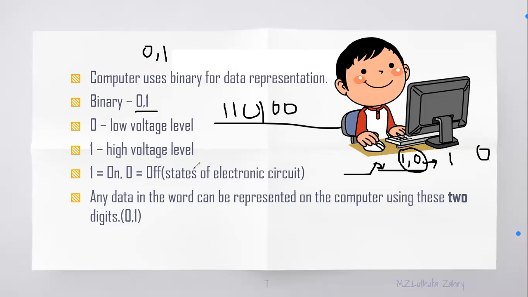Don't worry too much about high voltage and low voltage, it's not that important. When it comes to logic gates, you have to know that 1 is on and 0 gives you off. And any data, as I said, if you give any word to the computer, it will be converted to binary format.